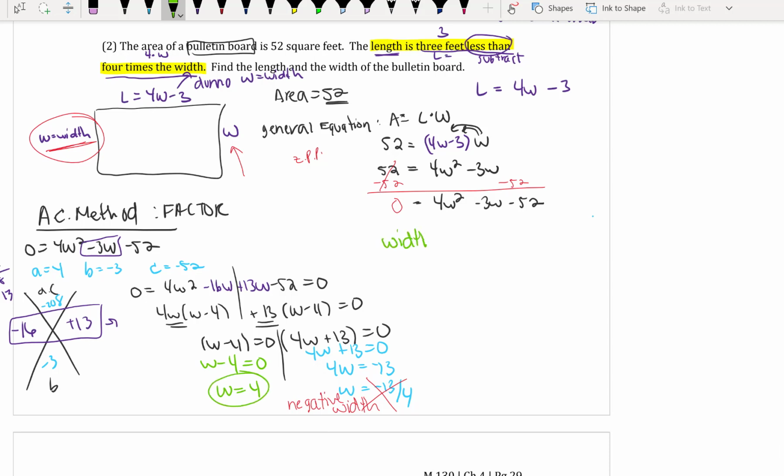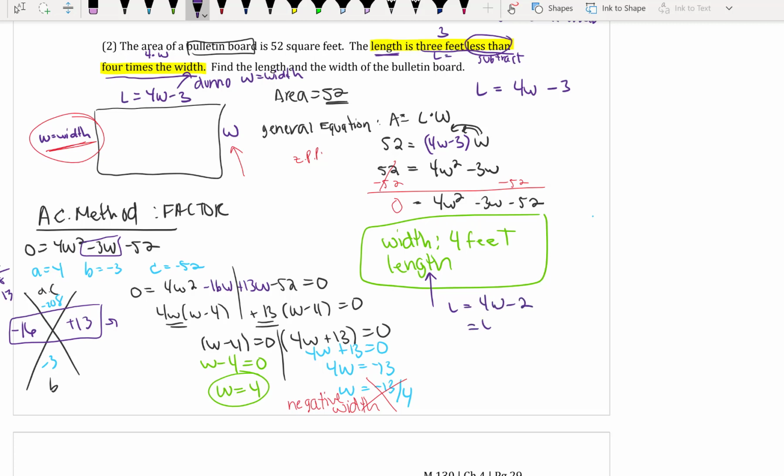So now I can say that my width is equal to 4 feet, and then I can also figure out my length. Remember that your length was equal to 4w minus 2. So that value of w that we found was w is equal to 4.